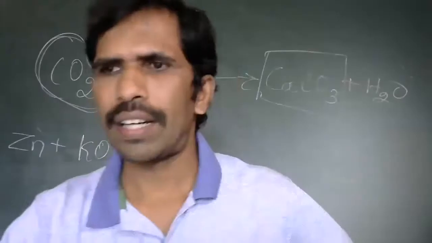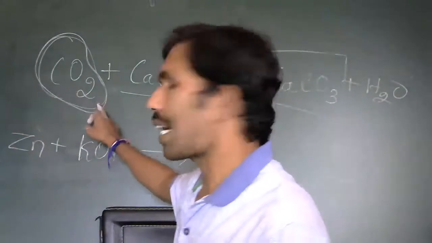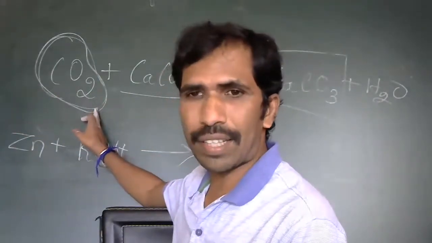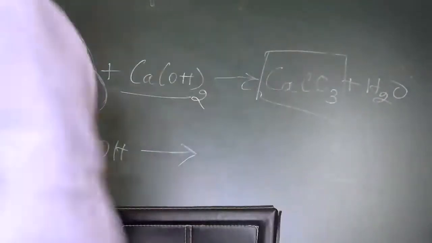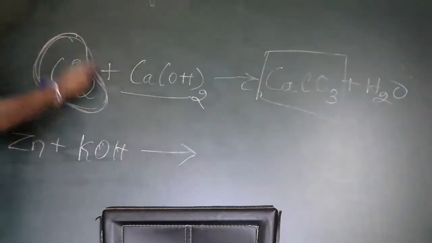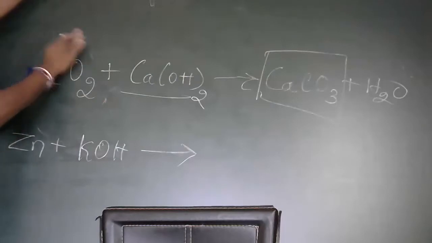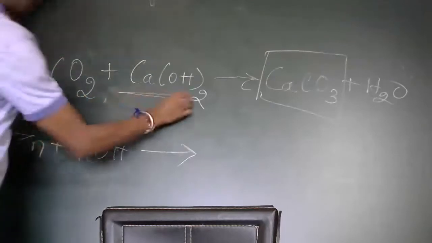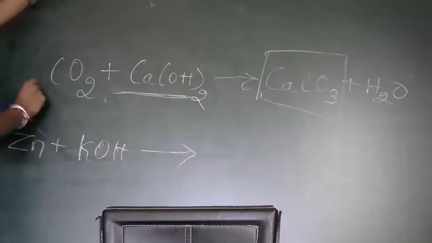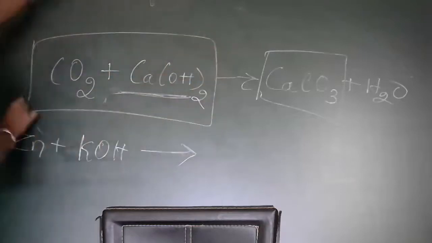Okay. Yeah, see here. Carbon dioxide is a non-metallic oxide. Usually a metallic or non-metallic oxide, if it reacts with the base, this is one of the chemical properties of bases.